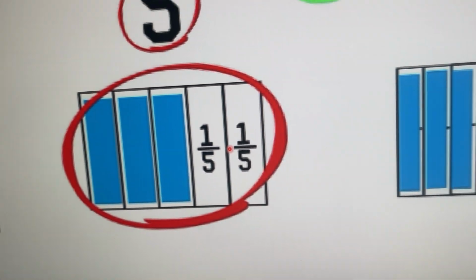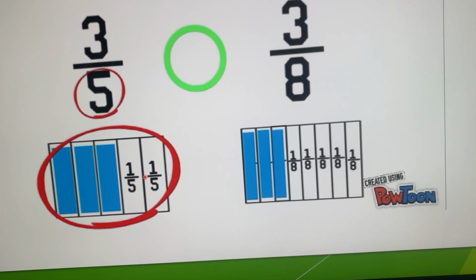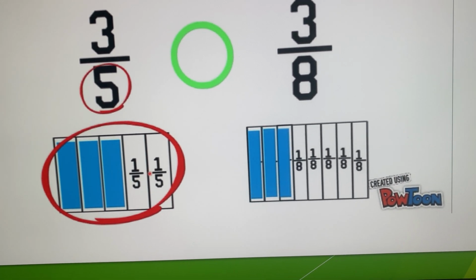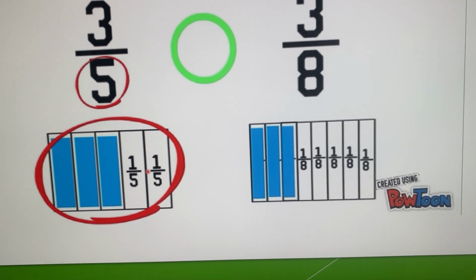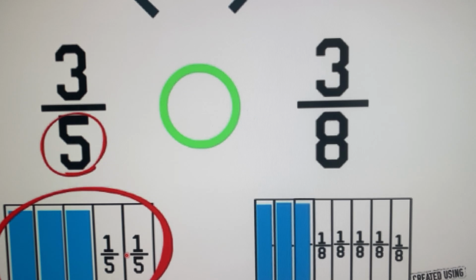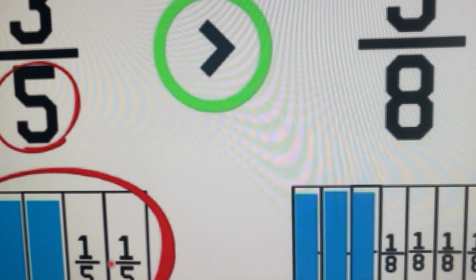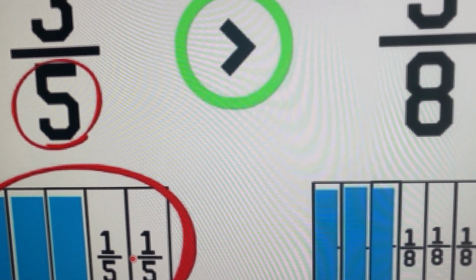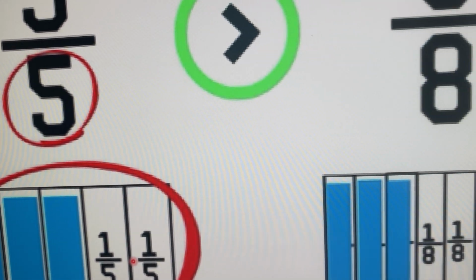So that's why 3/5 is greater than 3/8. When comparing fractions with the same numerator, when I look at the denominator, always the smaller denominator is greater.